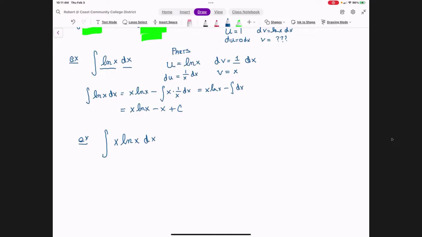So if you just want to do a straight substitution, you could let u equal the log of x, but then du is 1 over x, and you've got this dangling x hanging out here. So x would be e to the u. You know, we're going to have to use parts. You just use dv as ln x, since we know now. Yeah, and these are the kinds of things that I want you to be doing.